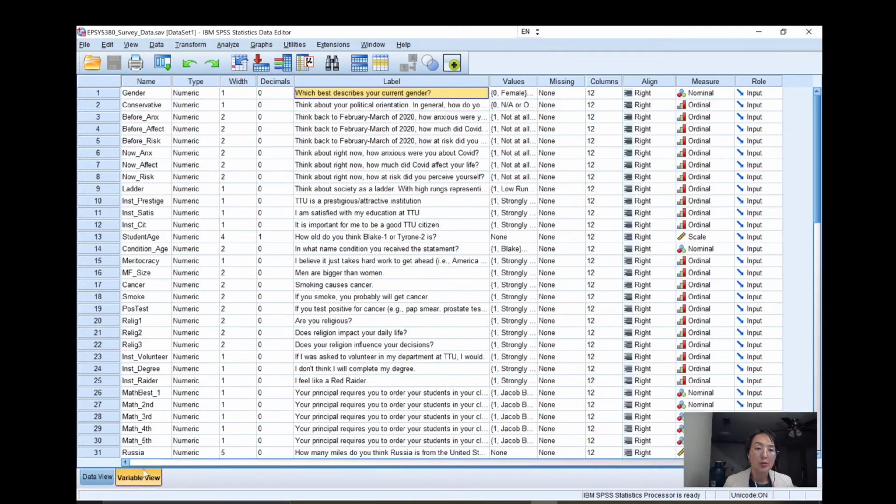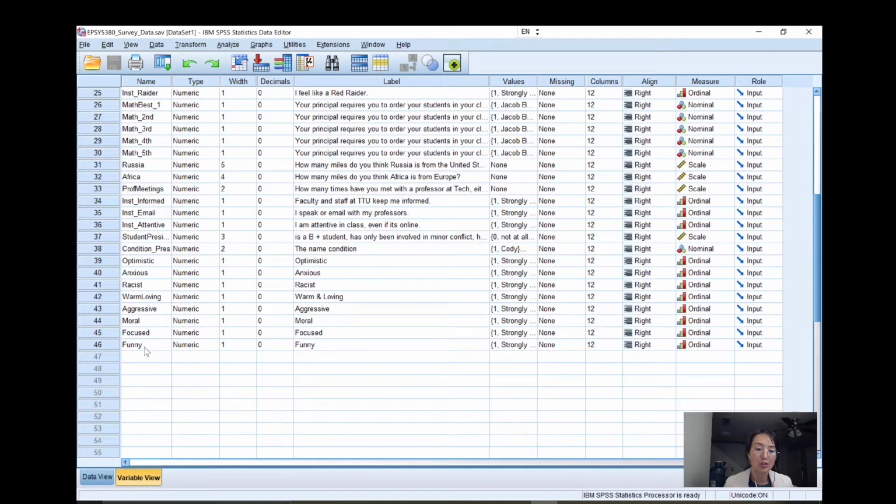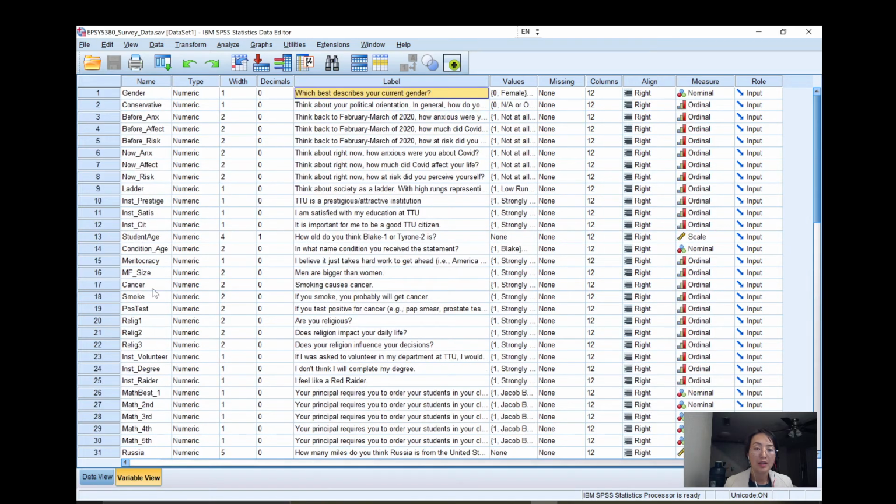Let's take a look at variable view, and the variable view includes all these specific variables that we asked you to respond to. Again, this is the variable name, and this column here is the variable label, and it has specific questions in terms of the survey.